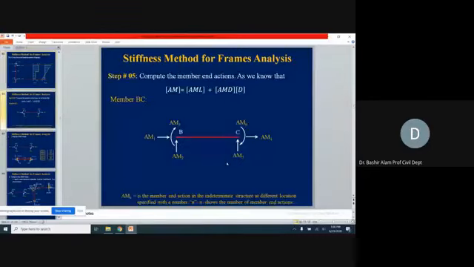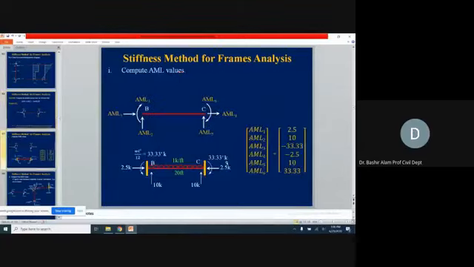Now, coming to step number 5, we are repeating this for member BC. AM1, 2, and 3 become our reference labels and reference directions also, then AM4, AM5, and AM6. The equation again is AM equal to AML plus AMD times D. This is now AML1, 2, 3, 4, 5.